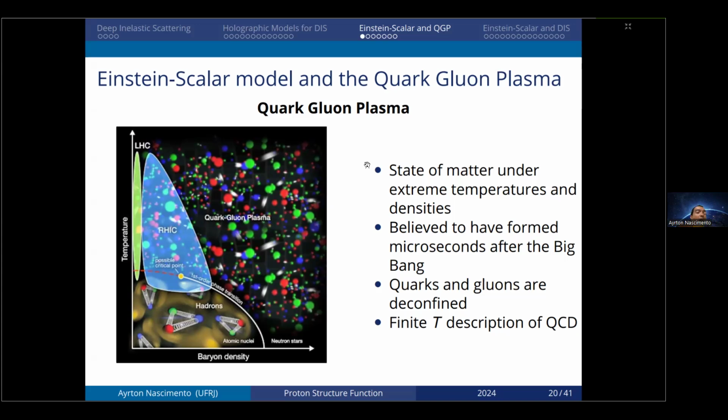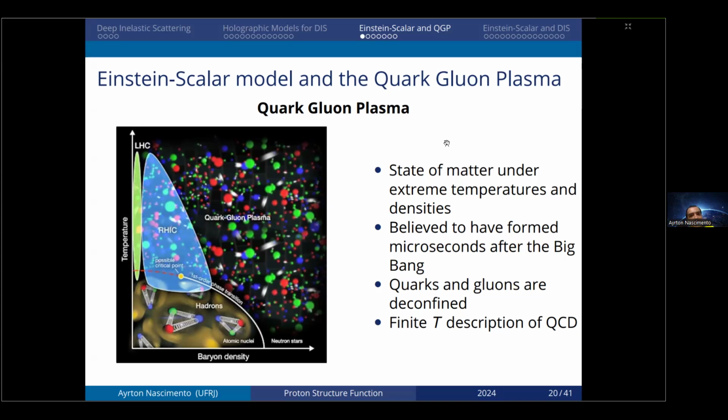But the thing is, why does he do that stuff with this Einstein-Scalar model? Because we know deep inelastic scattering and the quark gluon plasma description are all things of QCD related to the non-perturbative regime of QCD. So that's why people use holographic models.